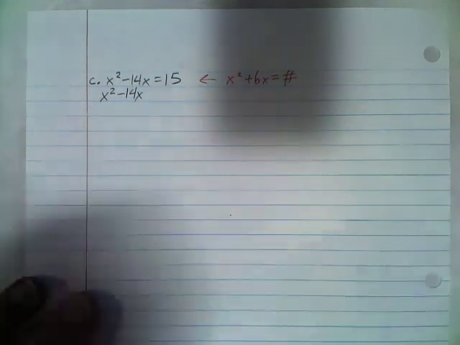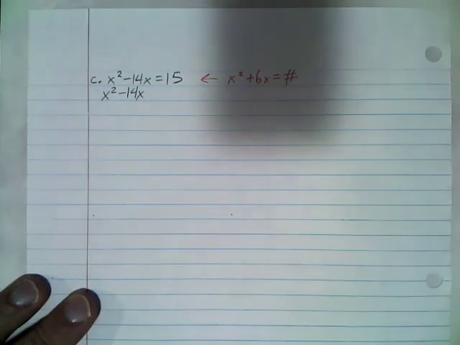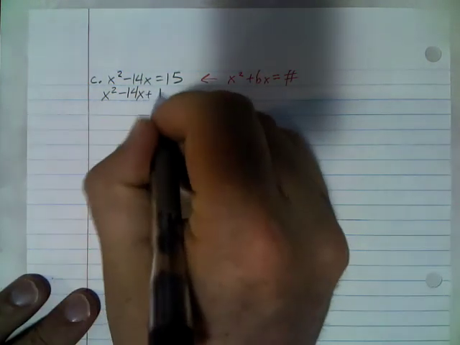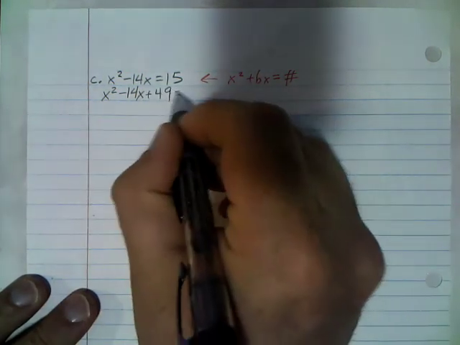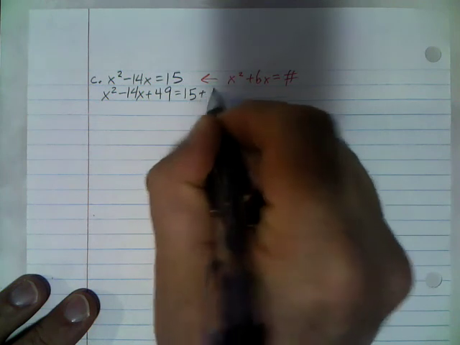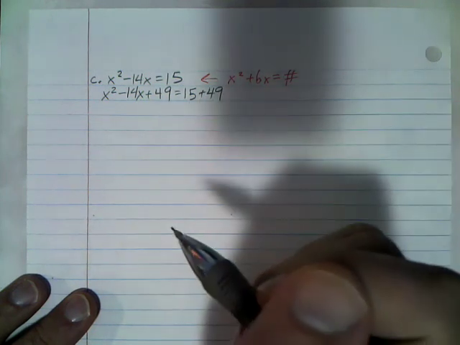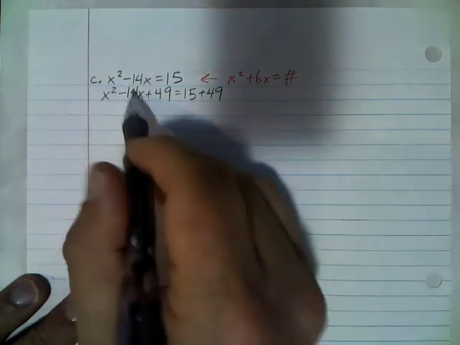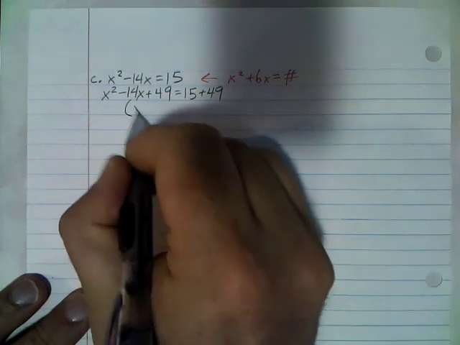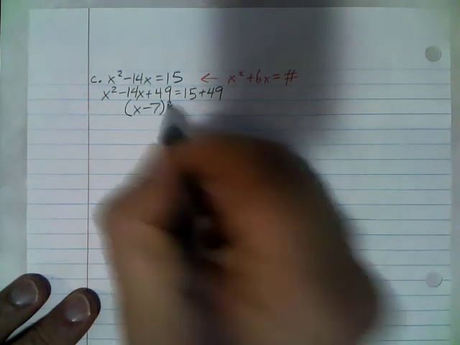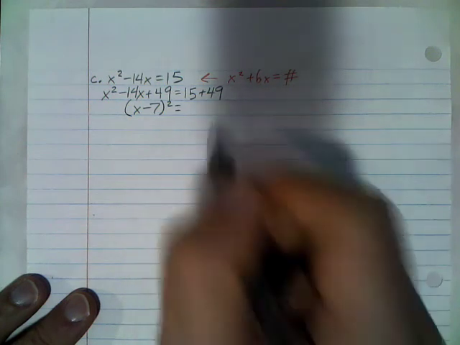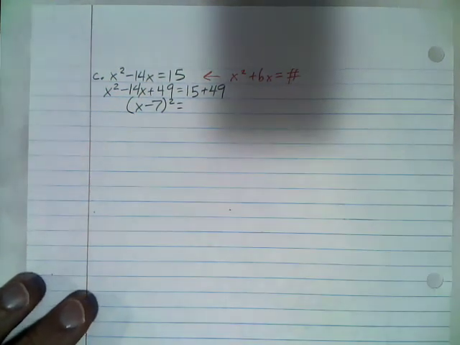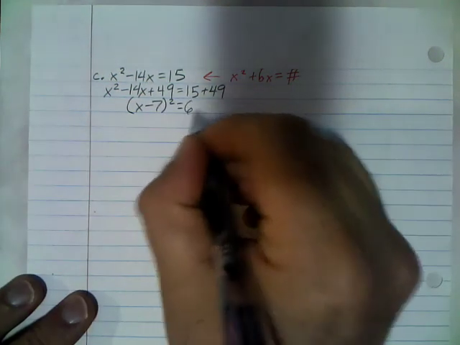So if I take my negative 14 divided by 2, that'd be a negative 7, which then squared is 49. Well, if I add 49 to one side, I need to add 49 to the other side. Over here, remember 14 divided by 2 is a negative 7, so this is x minus 7 squared. And on the other side, if we add 15, I'm going to get 64.